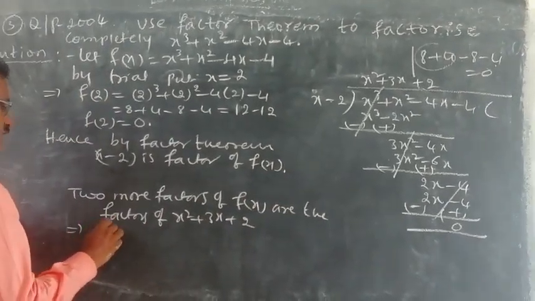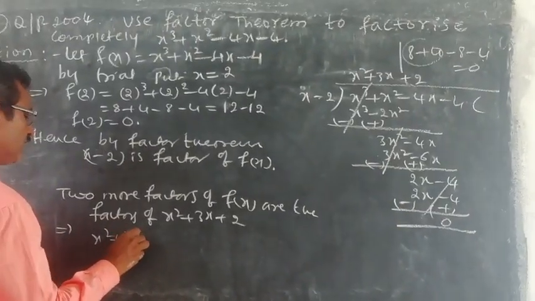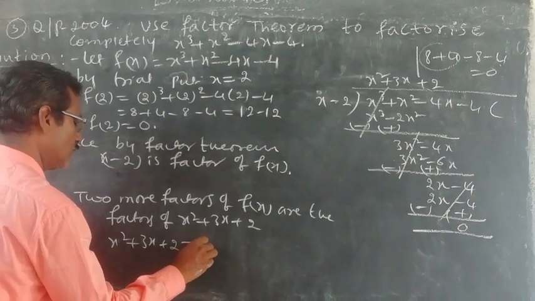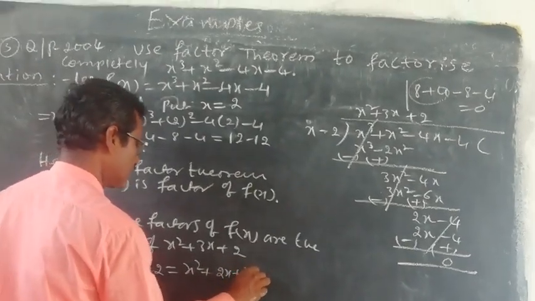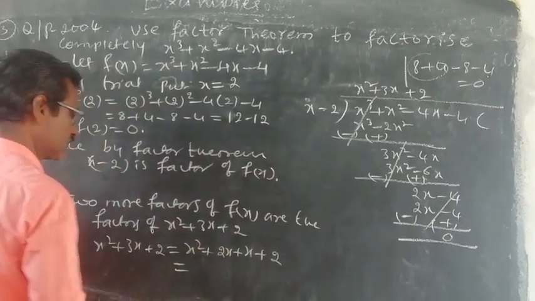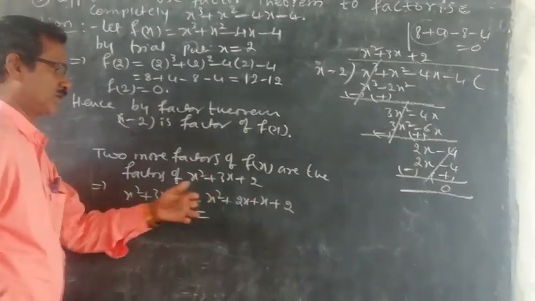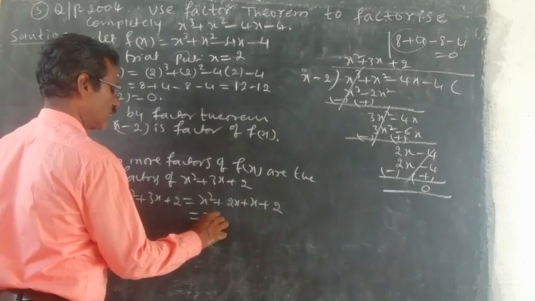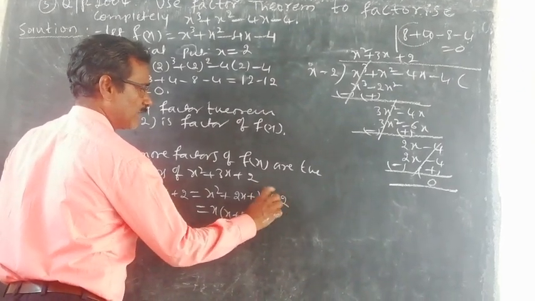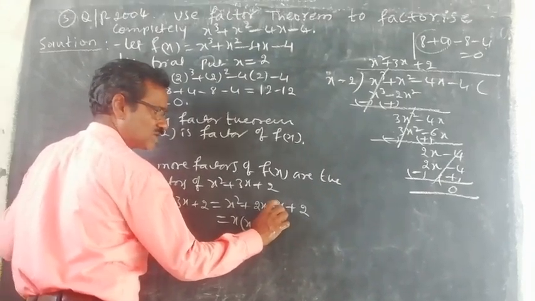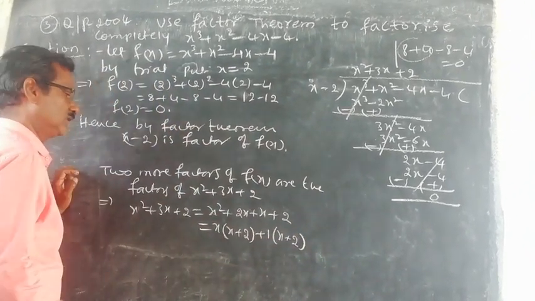So this implies we should factorize this. x square plus 3x plus 2 is equal to x square plus 2x plus 1x plus 2. Splitting: 2x plus 1x is 3x, and 2x into x is 2x square, they are suitable. Now first take out the common factor. This is x plus 2. Now here no common factor, means 1 we can take as a common number.